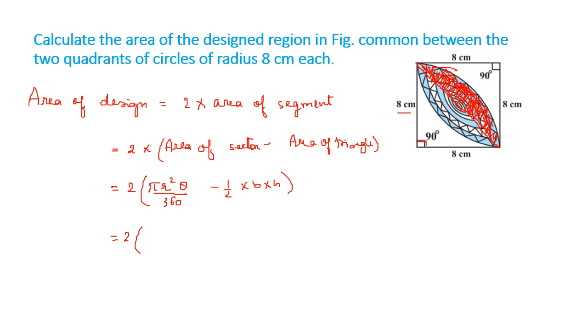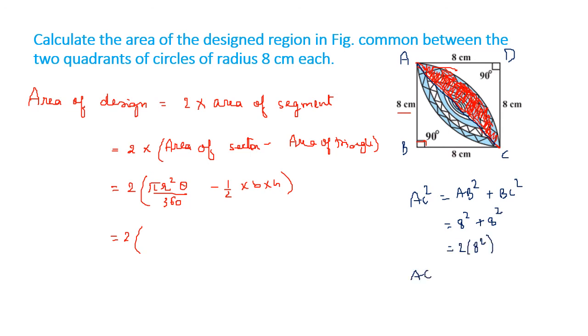Now what is this diameter? Let me name this A, B, C, D. So the diameter AC, how will you find AC? Pythagoras theorem. AC square equal to AB square plus BC square equal to 8 square plus 8 square equal to 2 times 8 square.